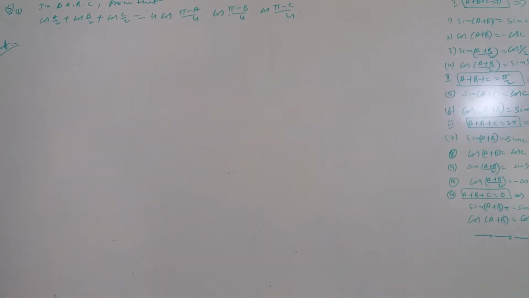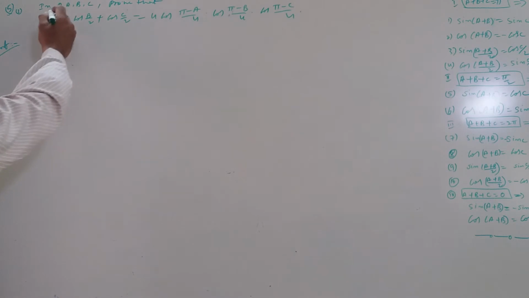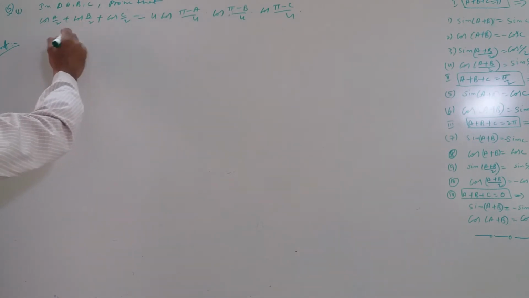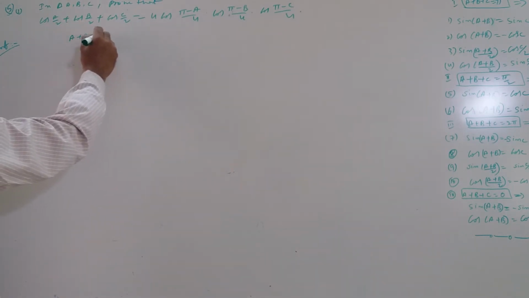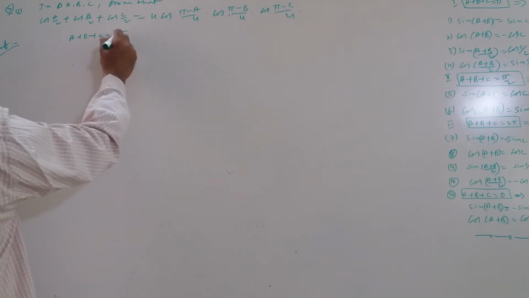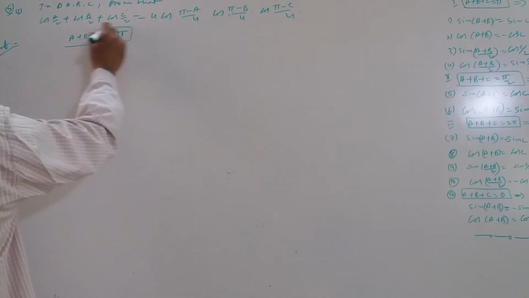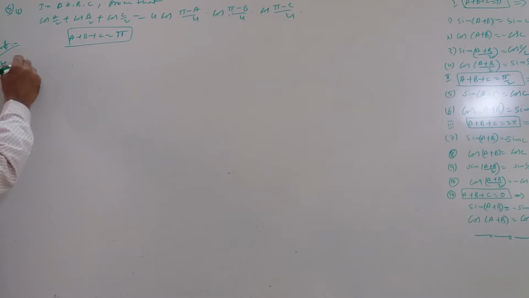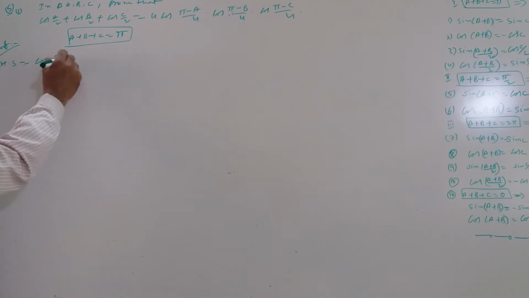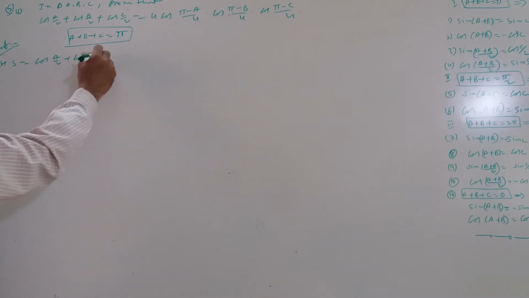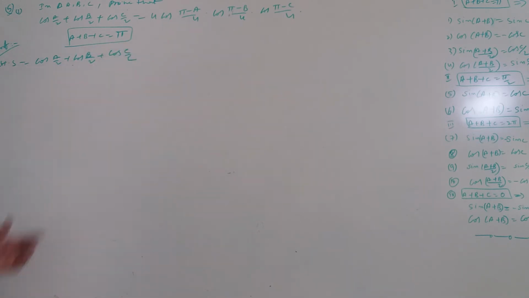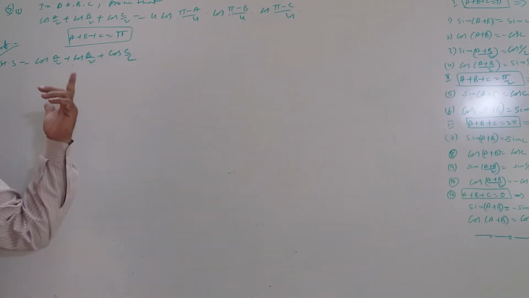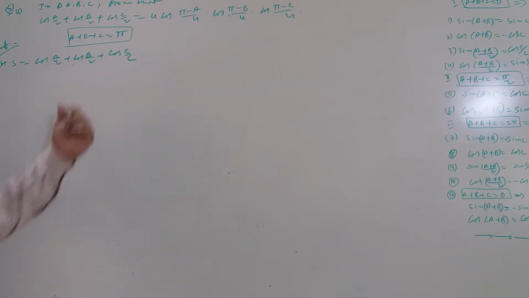In this way, we have to take. Here what is given? In triangle ABC, that means A plus B plus C is equal to pi. This condition is given. By using this condition, we have to prove. That implies given LHS is equal to cos A by 2 plus cos B by 2 plus cos C by 2. Now take the first two terms, cos A by 2 plus cos B by 2.